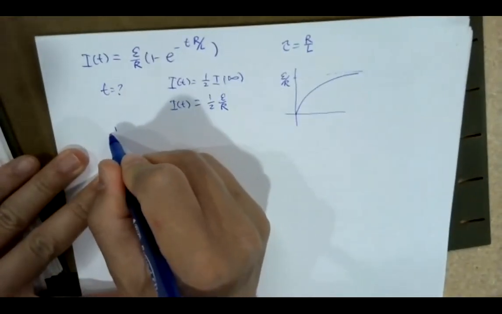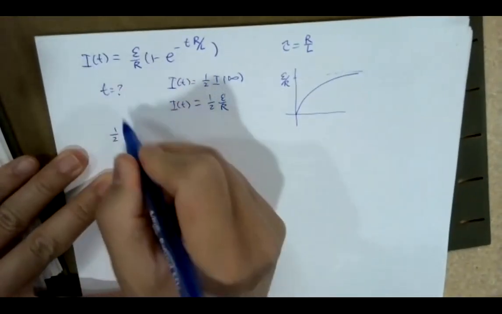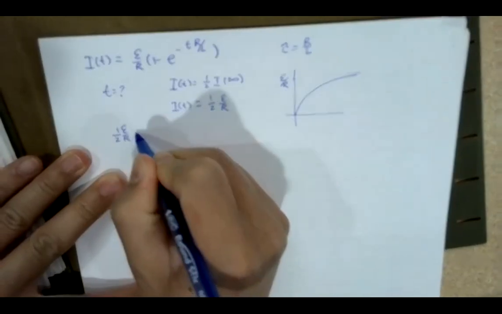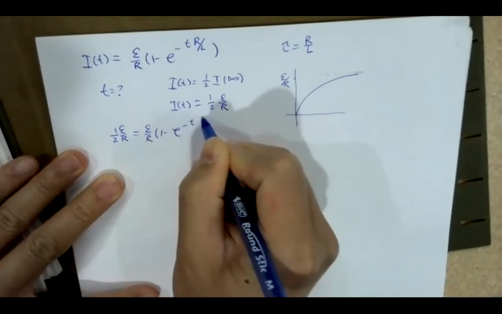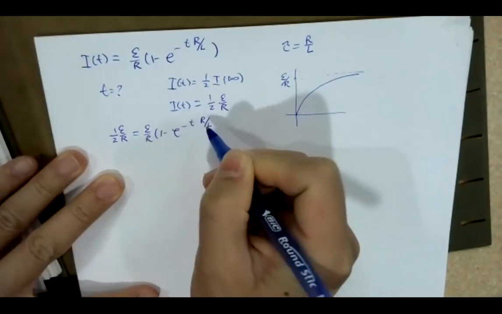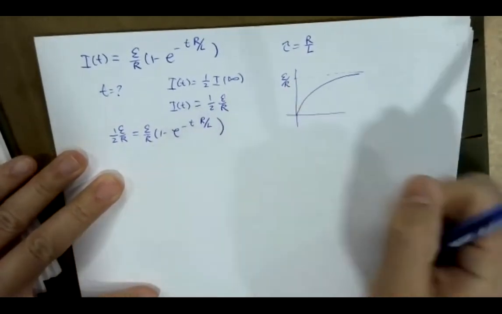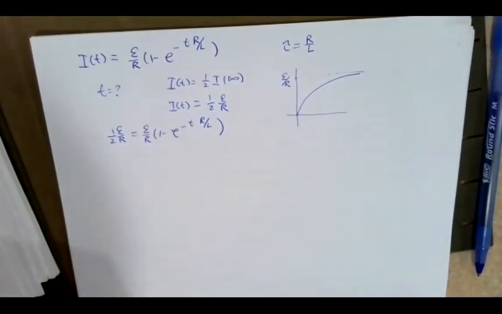So then you're replacing I with 1/2 epsilon over R equals epsilon over R times 1 minus e to the minus t R over L. And then you solve for your t from there.